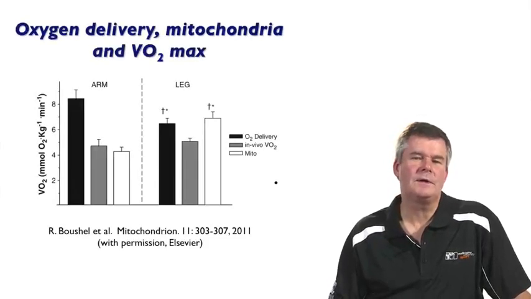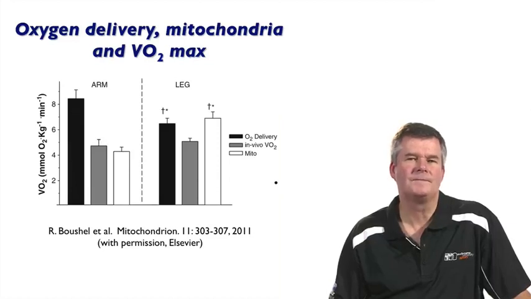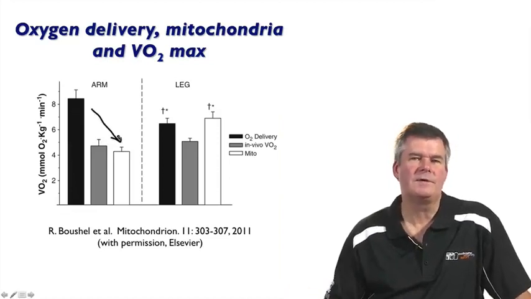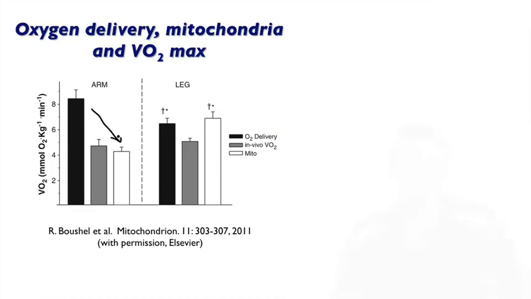If you look at the relationship between oxygen delivery and the oxidative capacity of the muscle, in small muscle group exercise where the maximal cardiac output is not challenged, the oxygen delivery is more than adequate for the oxidative capacity of those arm muscles.